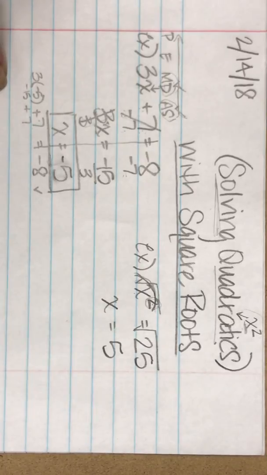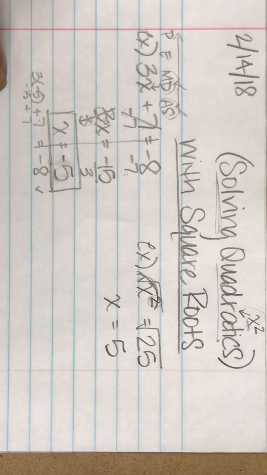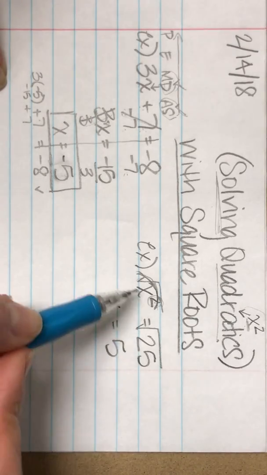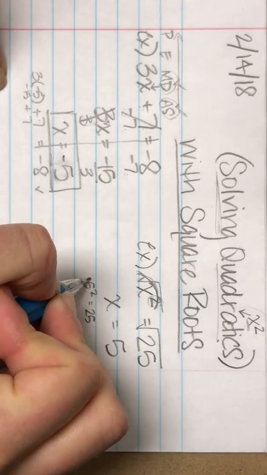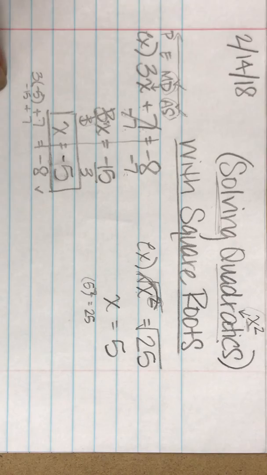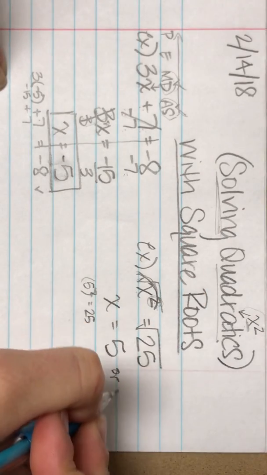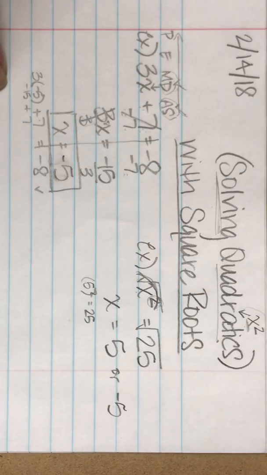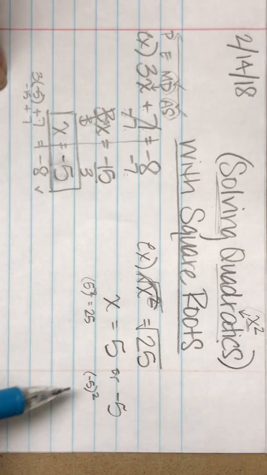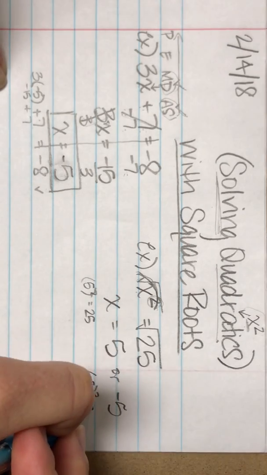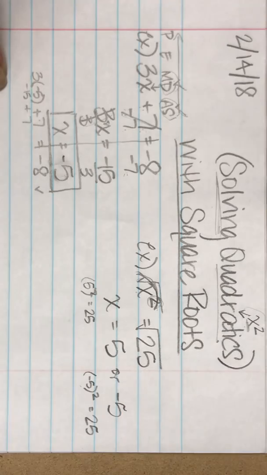But here's where quadratics get tricky. That's not the only number that will work when I do 5 squared, it equals 25. That's not the only number that will equal 25 when I plug it back in. If you think about it, it could also be a negative 5, okay? Because if I did negative 5 squared, negative 5 times negative 5, it also equals 25.